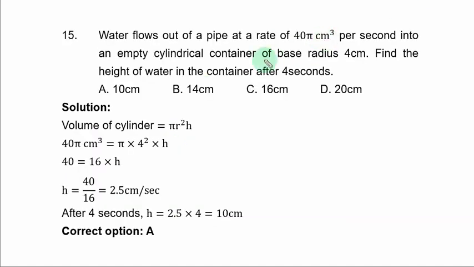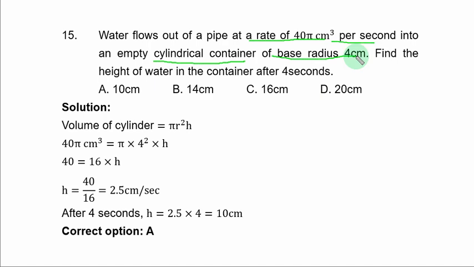Question 15. Water flows out of a pipe at the rate of 40 pi cubic centimeters per second into an empty cylindrical container of base radius 4 centimeters. Find the height of water in the container after 4 seconds.